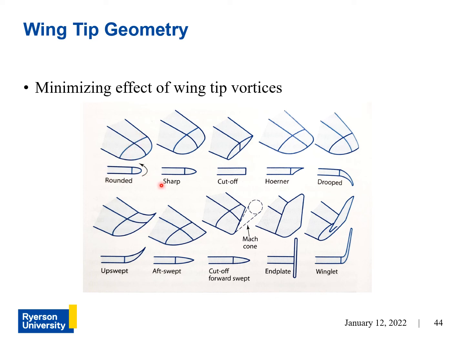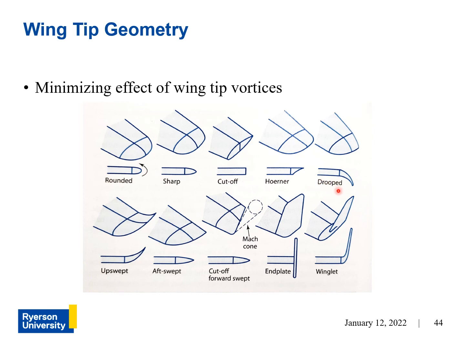Now, a wingtip with a sharp edge makes it more difficult for the air to escape from the bottom to the top. Likewise, a simple cutoff tip offers better performance than the rounded wingtip for the same reasons as the sharp tip, where there's more resistance for the air to flow from the bottom to the top.